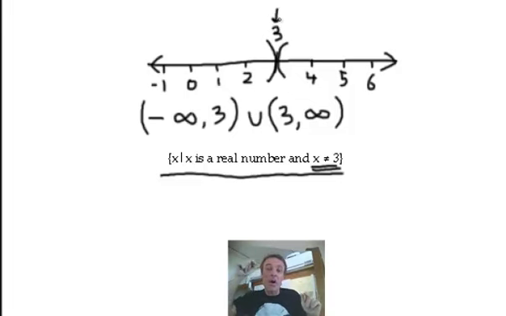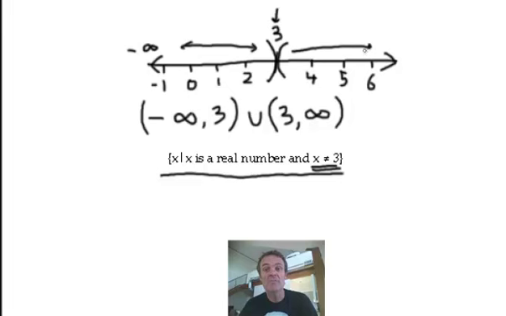That's everything apart from the 3 in the middle there. Here's the graph of it. Here's the negative infinity going as far as the 3. So I can have all these numbers. I can't have the 3, but then I can go beyond there, and I can have all these numbers. So really we're saying we just cannot have 3. And again, interval notation is written like that.